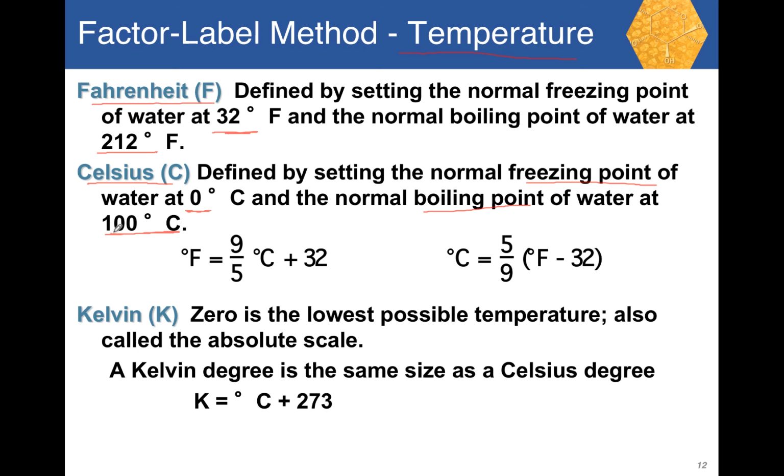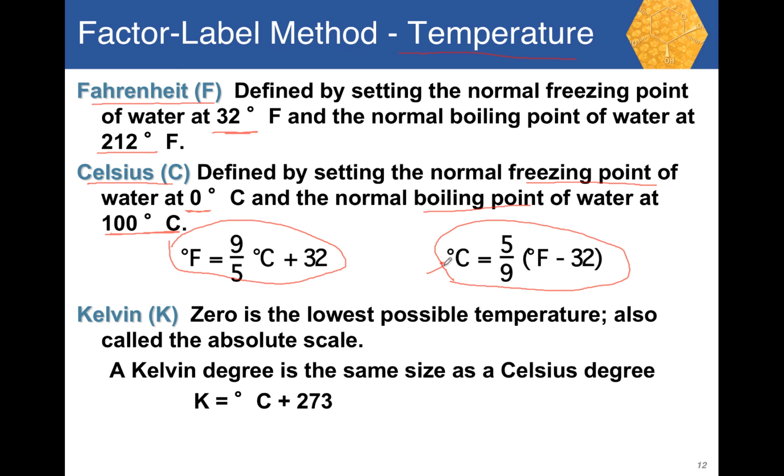What that requires is a conversion factor. So here are your conversion factors. This one converts Celsius to Fahrenheit, and this one here converts Fahrenheit to Celsius. Those will be given. You just have to learn how to use them.